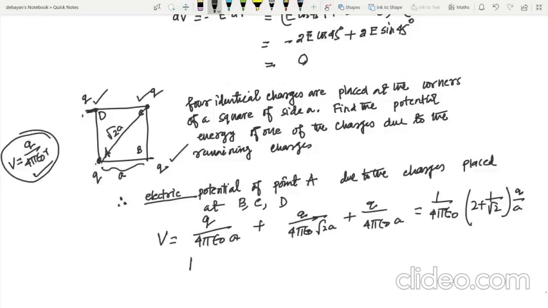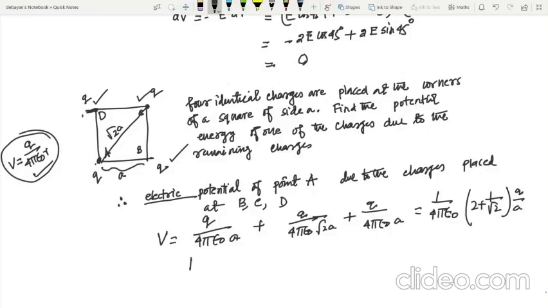Now if we want to find the potential energy of the charge at A, that should be Q into V. So Q is the charge at A, and we found the potential. So it should be nothing but 1 by 4 pi epsilon naught, 2 plus 1 by root 2, times Q.